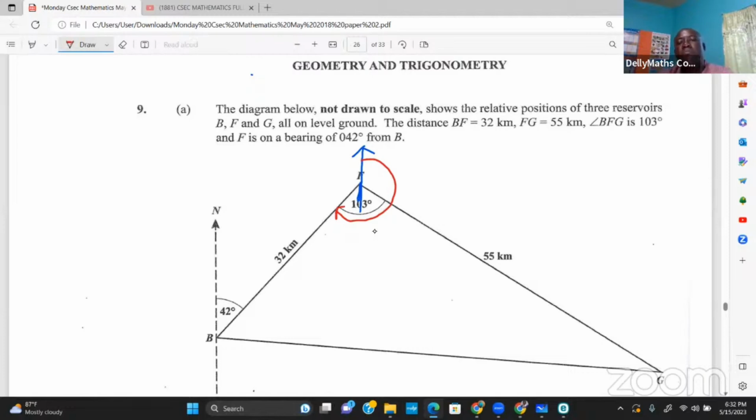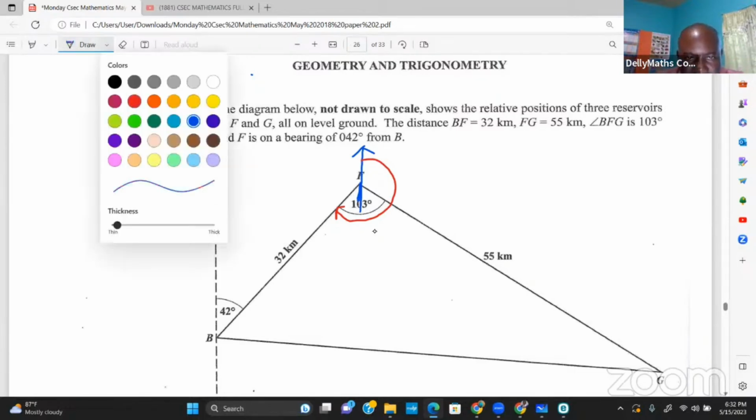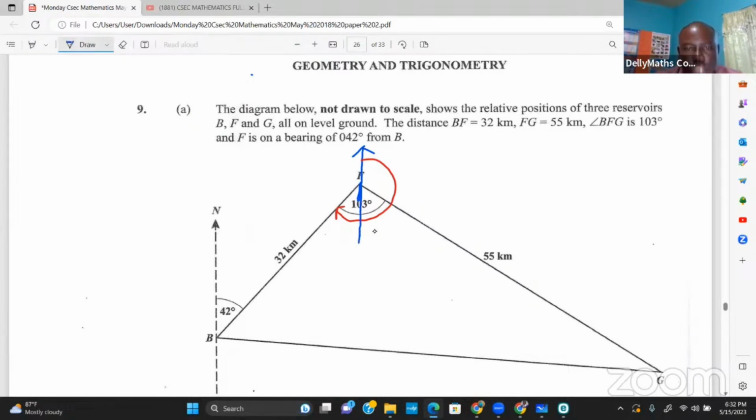There are a number of ways to do it, but take a good look. A very easy way to do this now is to look. Let me extend this line for clarity. You will agree that this here would have been 180 degrees right here. That's from north to south. So all I need to do is to patch that with the little piece in green to get the bearing. And this is just one way, because I have other ways we could do it.